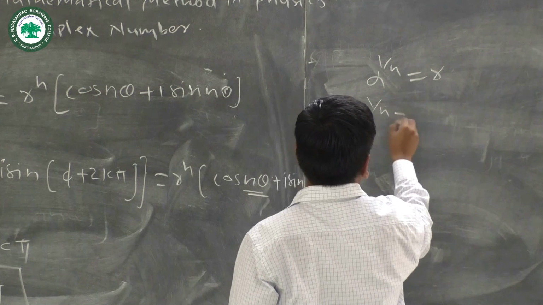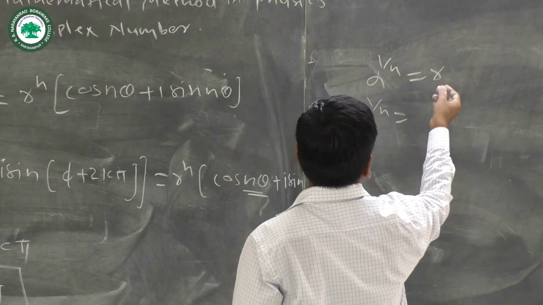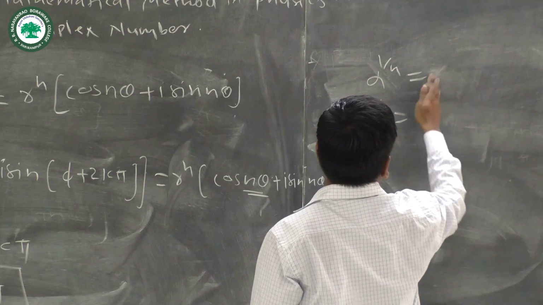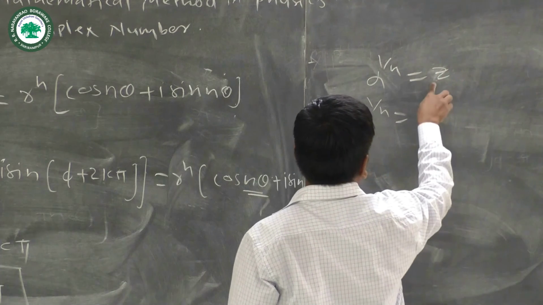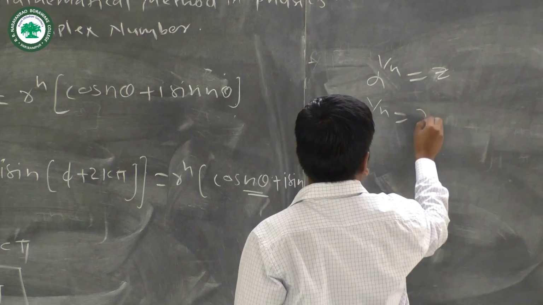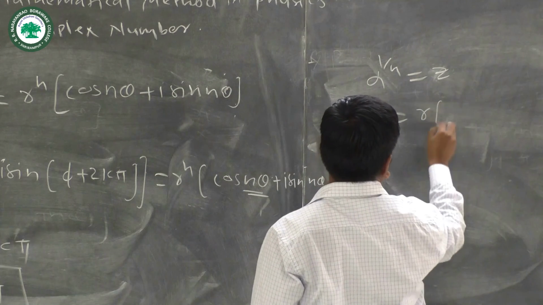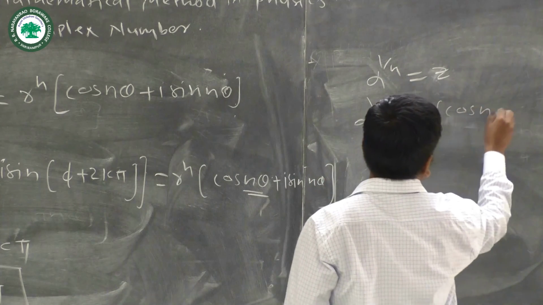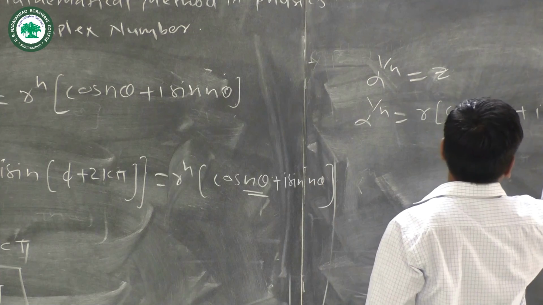So the root of alpha is equal to z, and z is equal to r cos n theta plus i sin n theta.